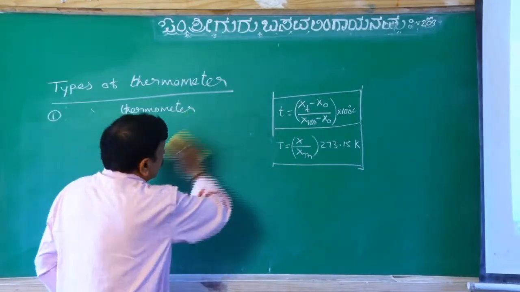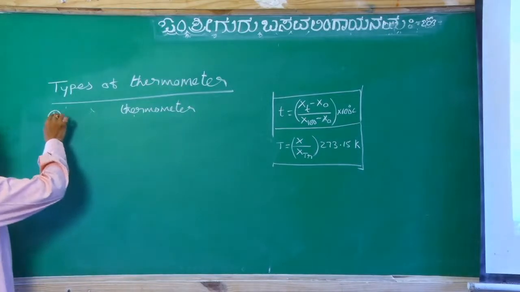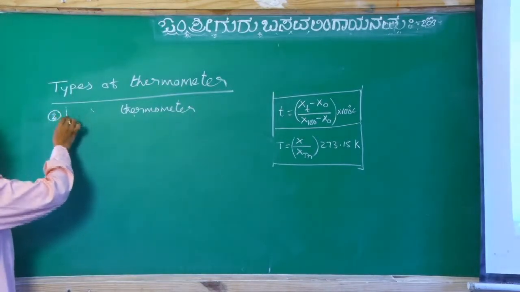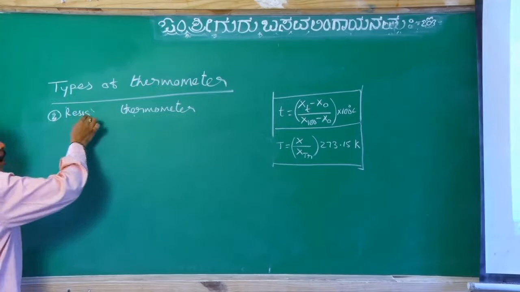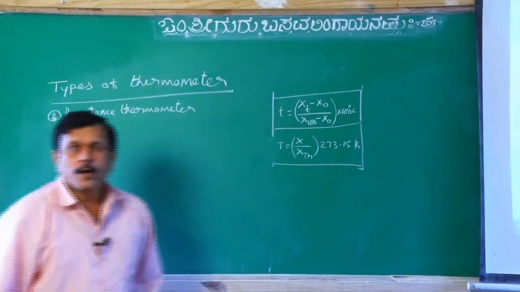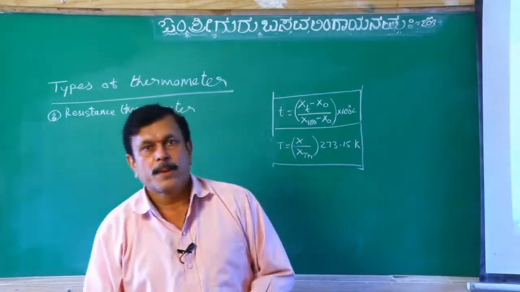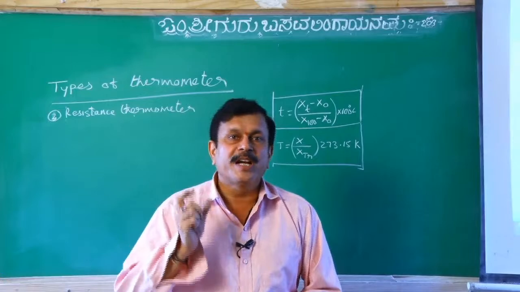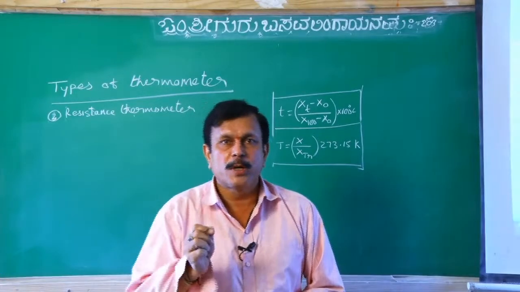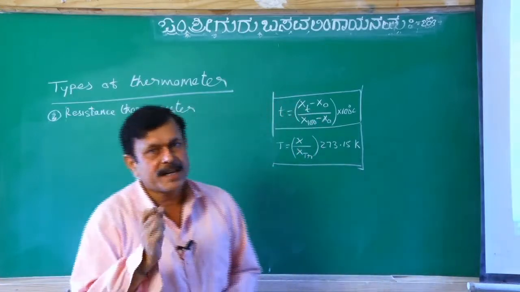Well, now resistance thermometer. The word resistance you learnt in 10th or 9th in school. You know Ohm's law states that the current flowing through a conductor is directly proportional to the potential difference applied across the ends of the conductor.